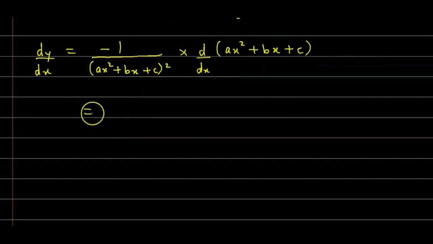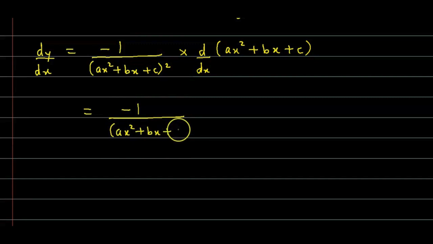So further, this will remain as it is, minus 1 upon ax square plus bx plus c the whole square into, now the derivative of these three terms: a is the coefficient, the derivative of x square is 2x, so this will be 2ax, plus b times the derivative of x which is 1, so b into 1, that is b. c is a constant so its derivative is 0, so we close the bracket.